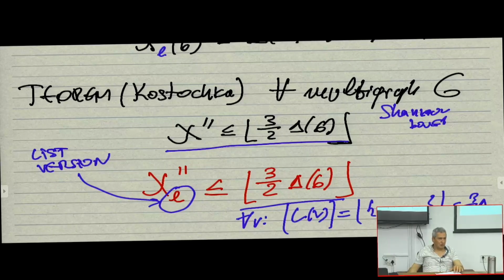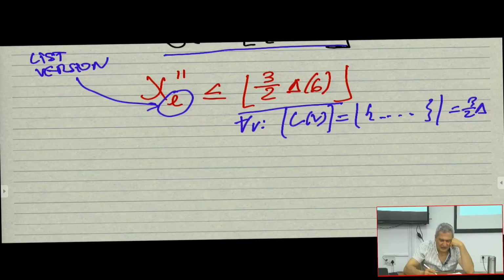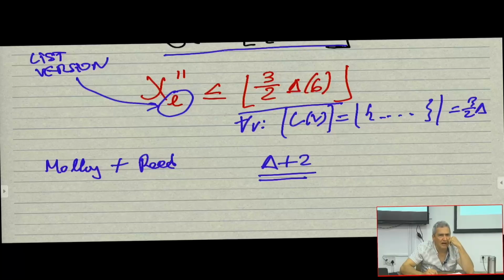Try not to solve it, try to find it. Is it known? Who was working on it? What is the best result? Here, I think Bruce Reed and Molloy use probabilistic methods. They have some weaker bound, delta plus 2, for the usual coloring. They use the second moment method, Chernoff bound, Azuma, and so on.